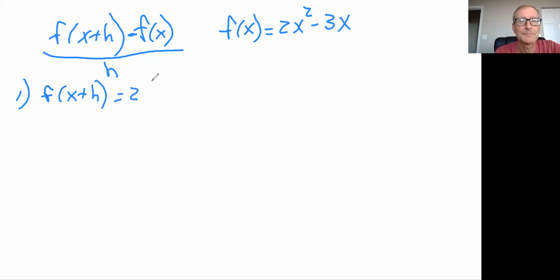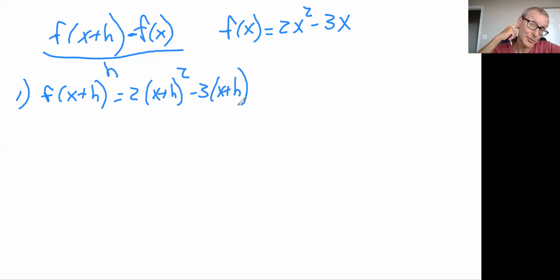It's 2, and then we plug in x plus h squared minus 3 times x plus h. And you remember from the last lecture, this is x plus h squared. And so when you multiply that together, it would be x squared plus 2xh plus h squared.